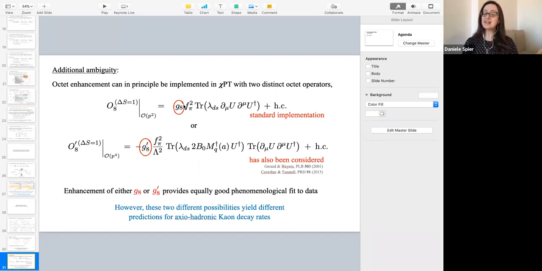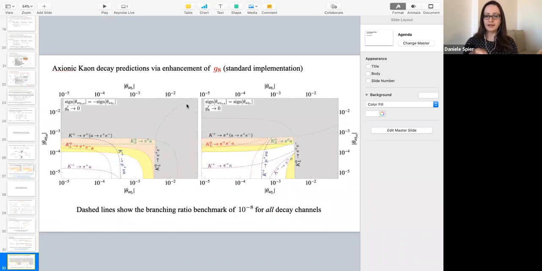I mean, yes, I agree with everything you said, and this is precisely the argument as to why, when you want to claim that this axion model was excluded or not, you have to be aware of these caveats. So maybe if I go to my next plot, let me try to illustrate this. If I claim that octet enhancement, or delta I equals 1/2 enhancement in Kaon decays, occurs because of enhancement of this coefficient, then I can tell you that all of this parameter space in gray is excluded.